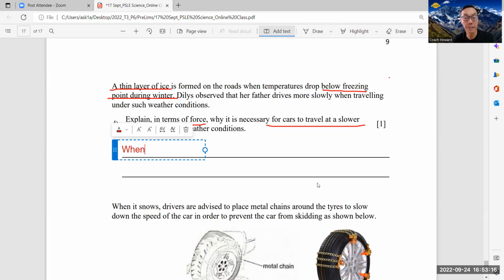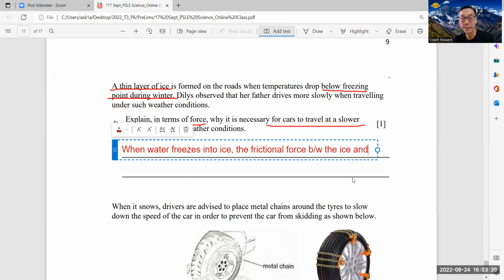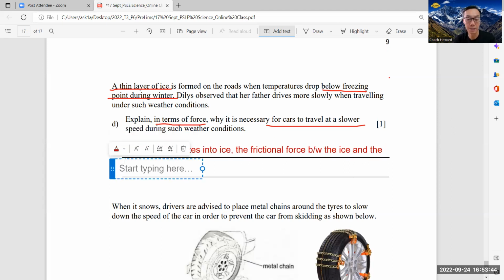When water freezes into ice, the frictional force between the ice and the tires of the car will be greatly reduced.